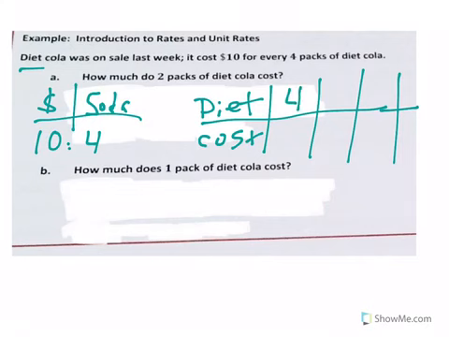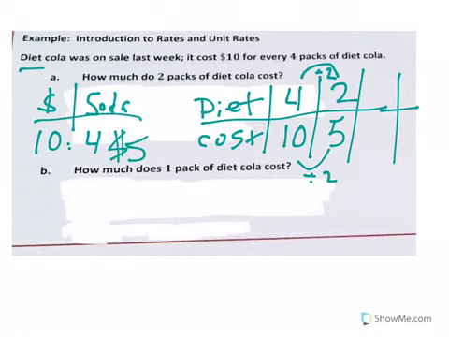Well, for 4 Diet Colas, it costs $10. To go from 4 to 2, I'm dividing by 2. So, same thing over here. 10 divided by 2 is 5. So, 2 packs of diet soda would cost $5.